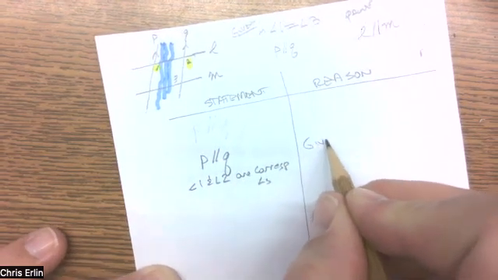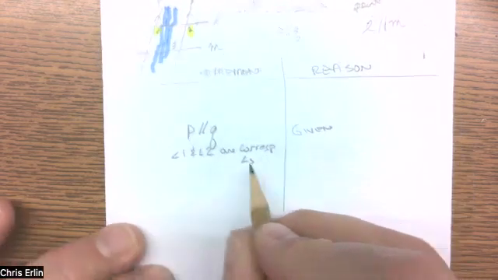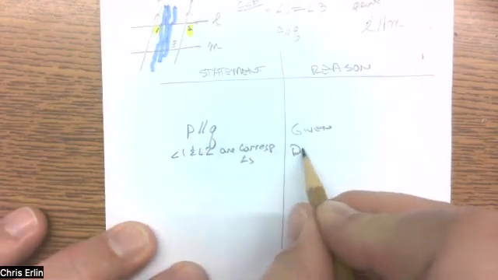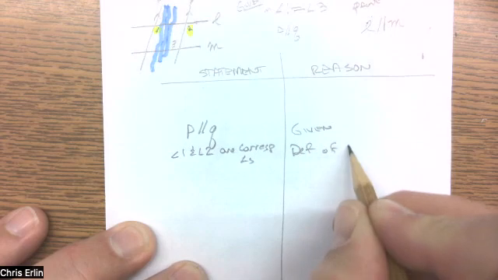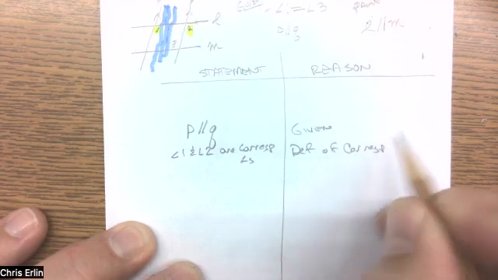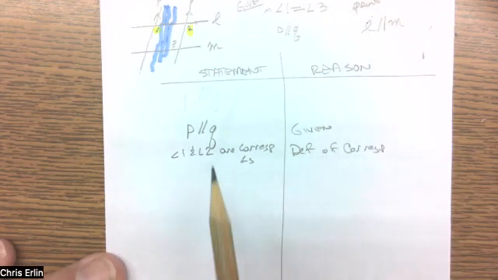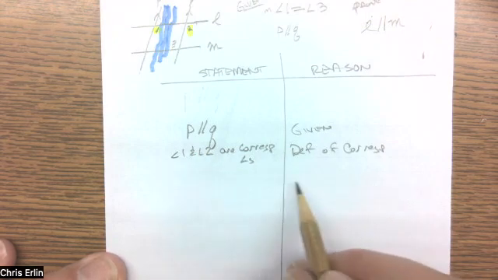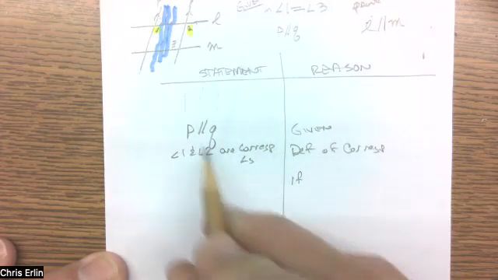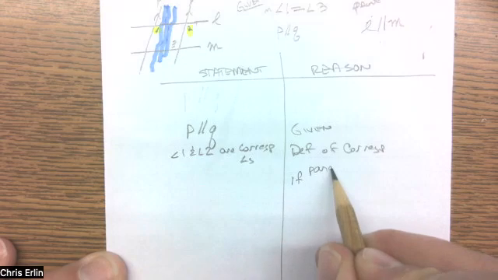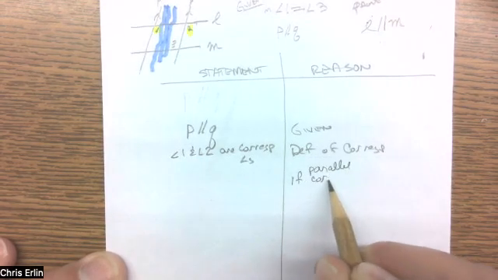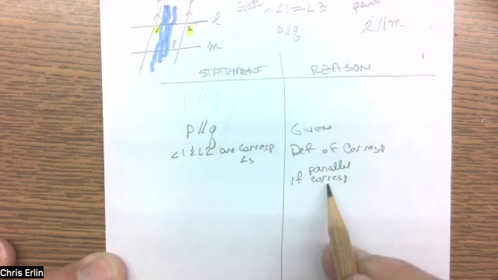Why do I get to call them corresponding angles? Because that's their name, the definition of corresponding angles. Now, why is this helpful? Is there anything I could do that would say if parallel, corresponding, is that ringing bells?